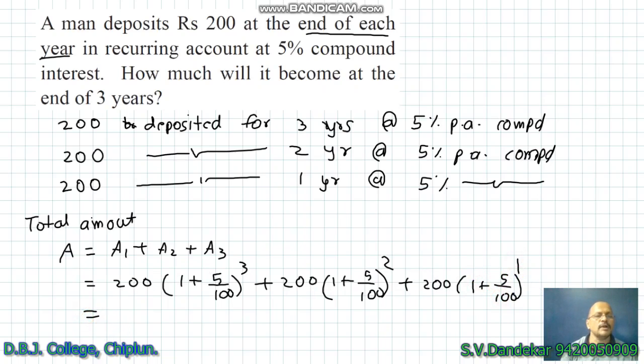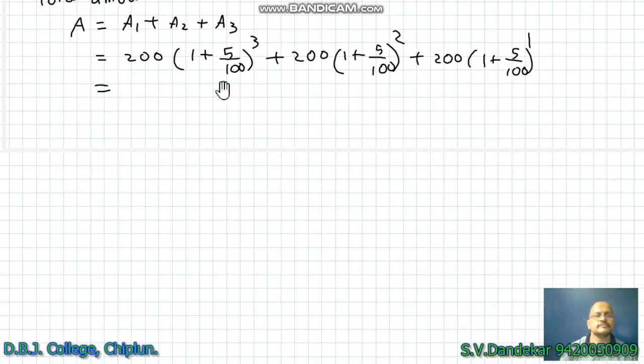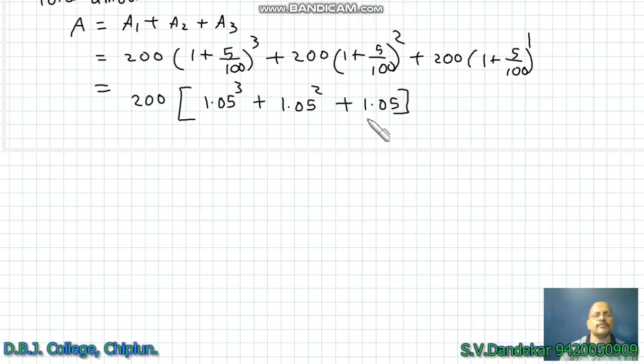This is equal to, I can take 200 common, so inside the bracket 1.05 cube plus 1.05 square plus 1.05.